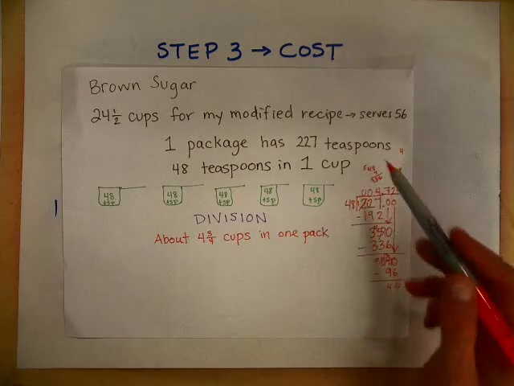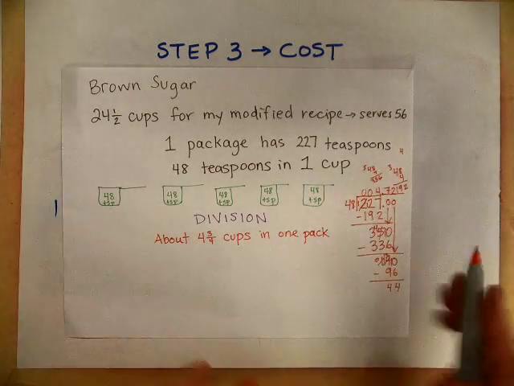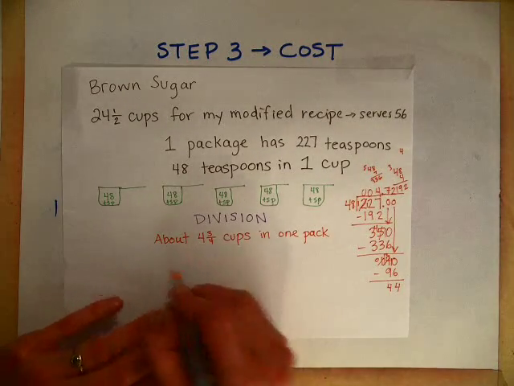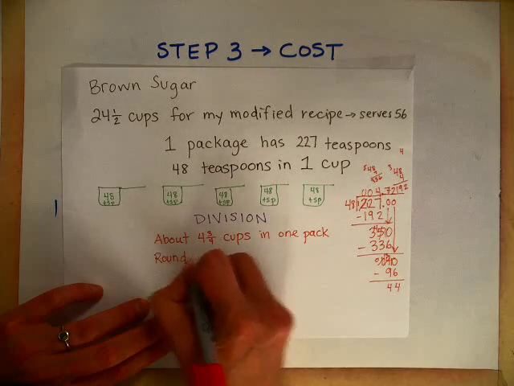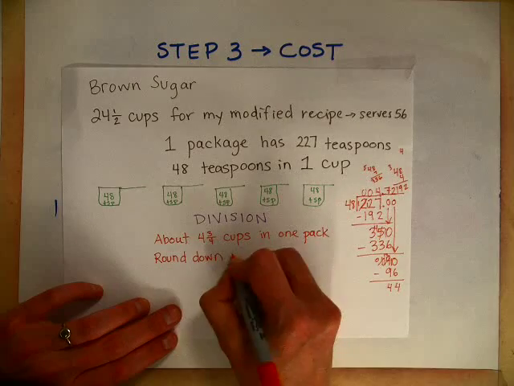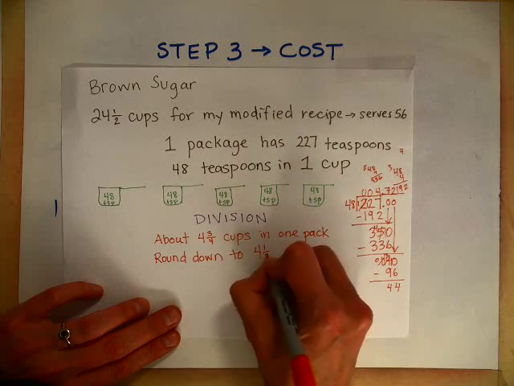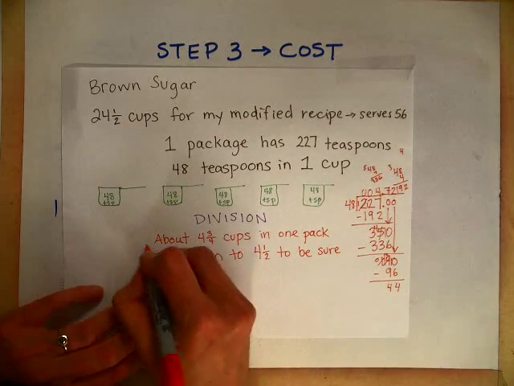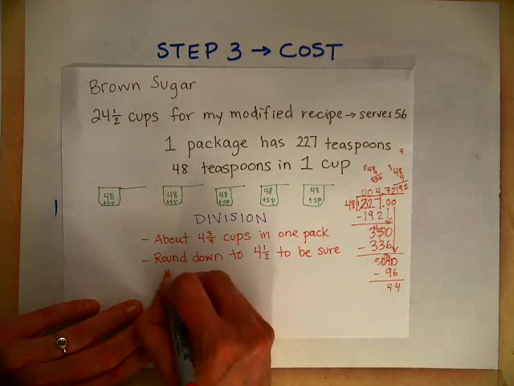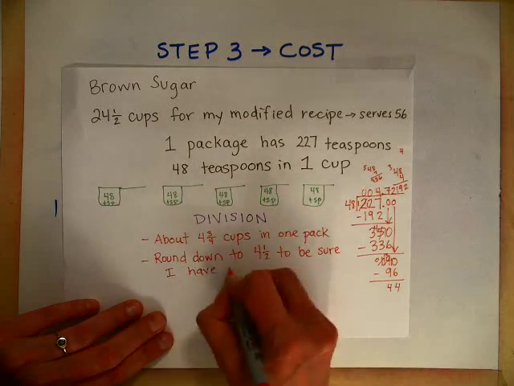So I'm going to assume that there's just a little bit less in that package. So I'm going to round it down to 4.5 to be sure I have enough.